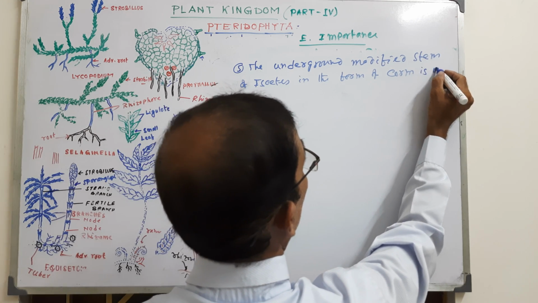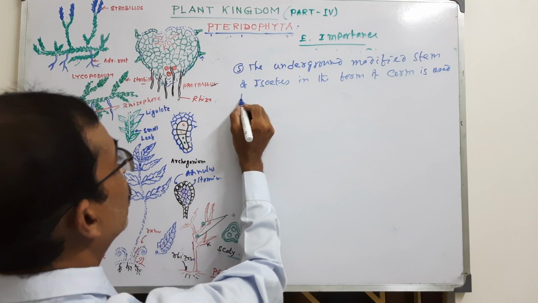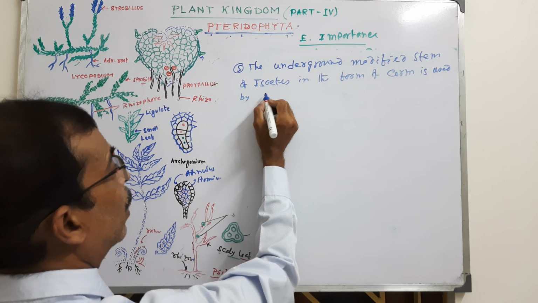The corm is eaten by some ducks and other birds.